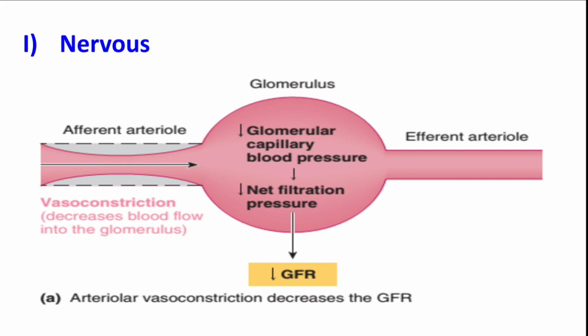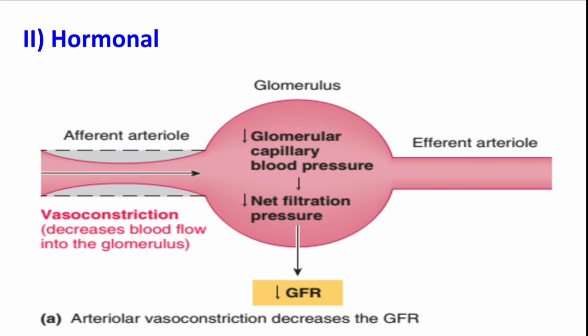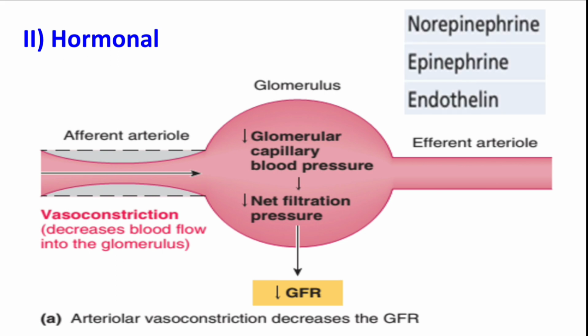Now the second factor which regulates GFR is hormonal. There are two types of hormones, that is vasoconstrictors like norepinephrine, epinephrine and endothelin. And the second category of hormones is vasodilators.